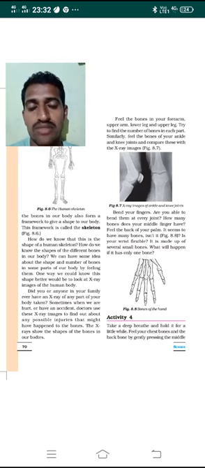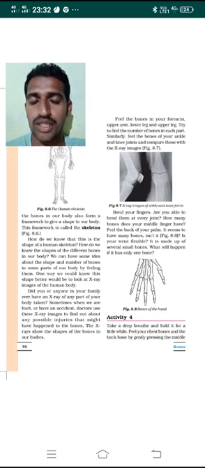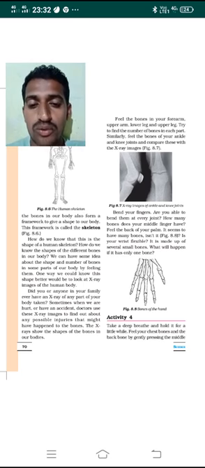Usually when we get some injuries or small accidents happen, like bone fractures, in such cases the doctor will suggest you to take X-ray images. It is used to find out about any possible injuries that might have happened to the bones.